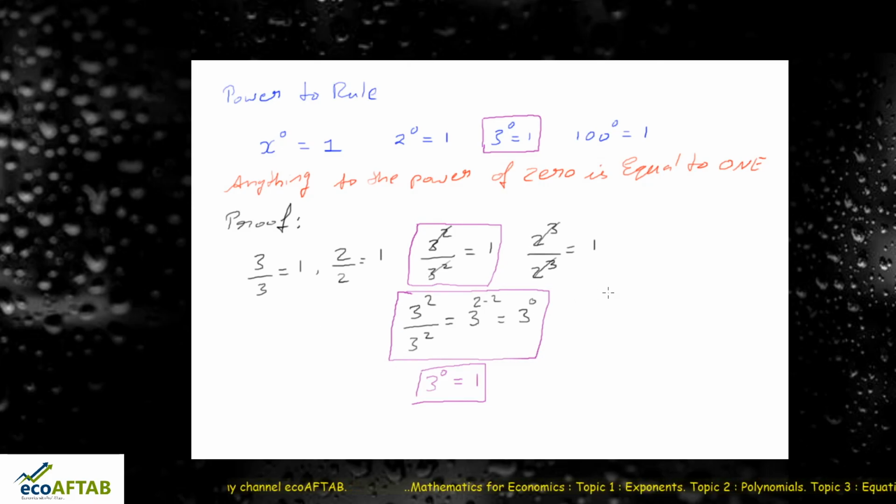Same thing we can say with regard to any other number. If I say 4 to the power 4 divided by 4 to the power 4, numerator and denominator are the same, so this gets cancelled, what remains is 1. If you go according to the quotient rule, 4 raised to 4 minus 4 is equal to 4 raised to 0.